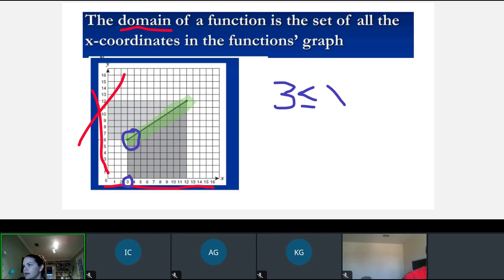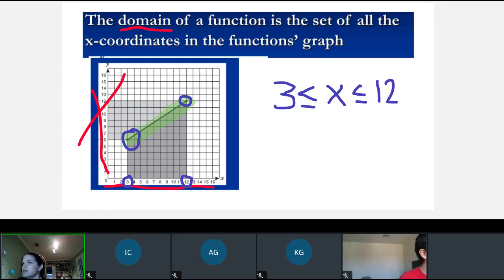Then I'm going to put x because I'm talking about domain. Now I'm going to follow along my function here. Here's the endpoint. It's also a closed circle at 12. X equals 12. So I'm going to put another less than or equal to sign and put 12.